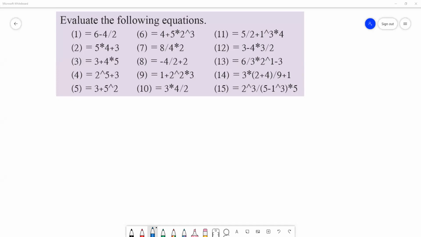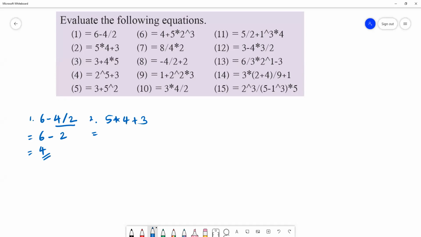So the first one, we have 6 minus 4 divided by 2, division first. So that means 6 minus 2, that is 4. Second one, 5 into 4 plus 3.